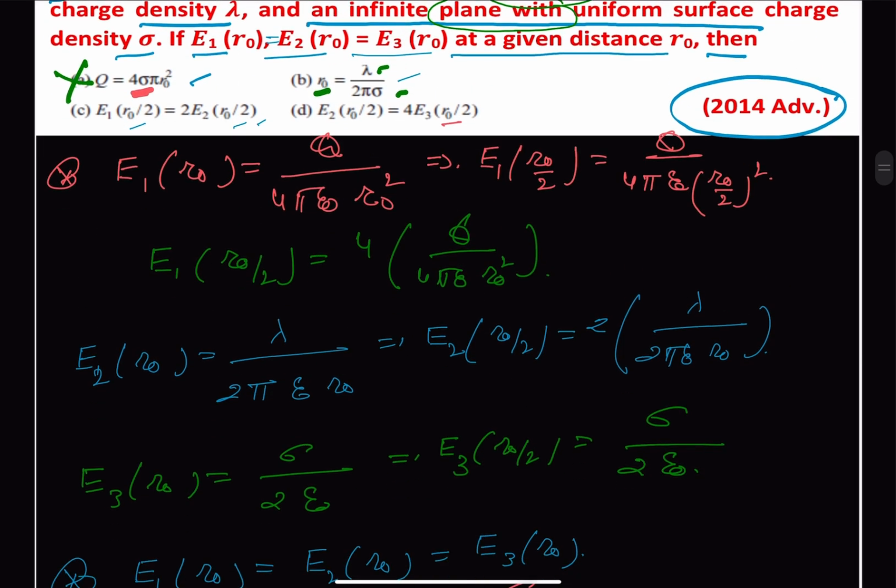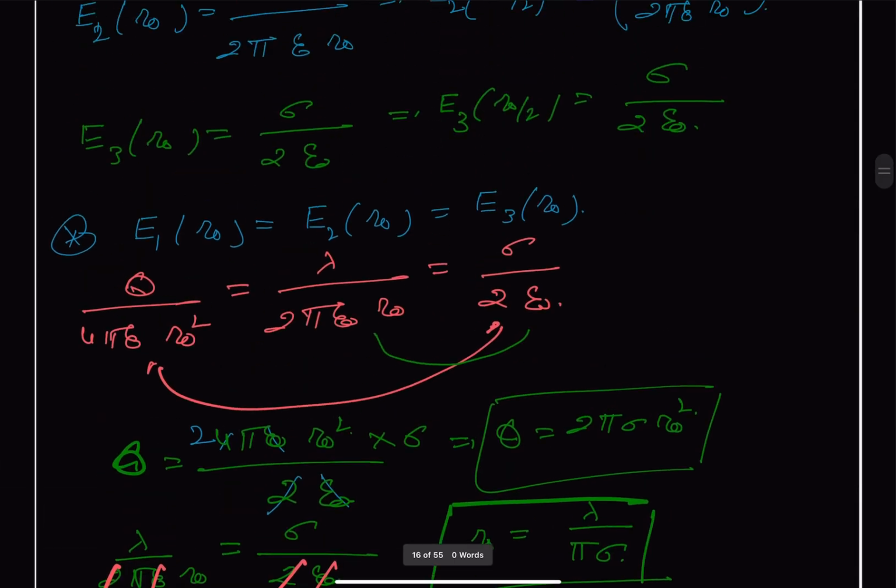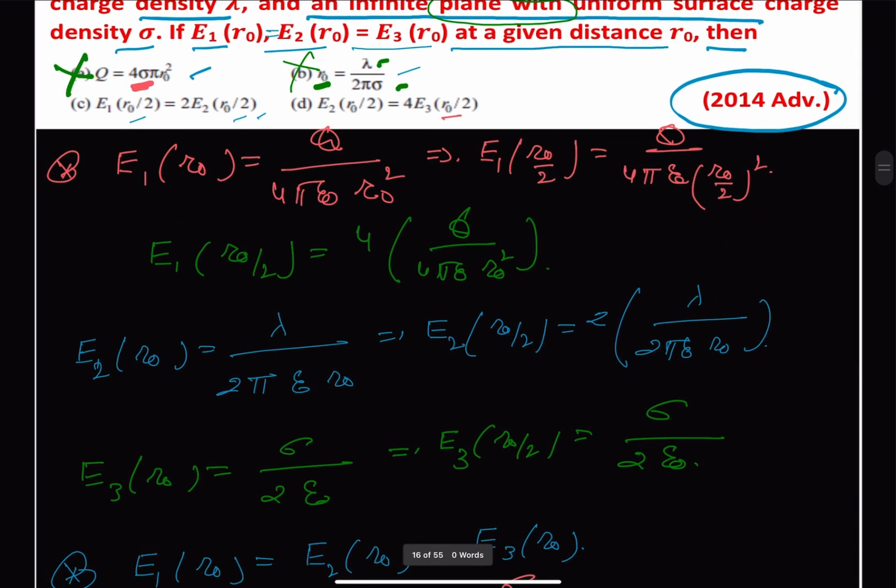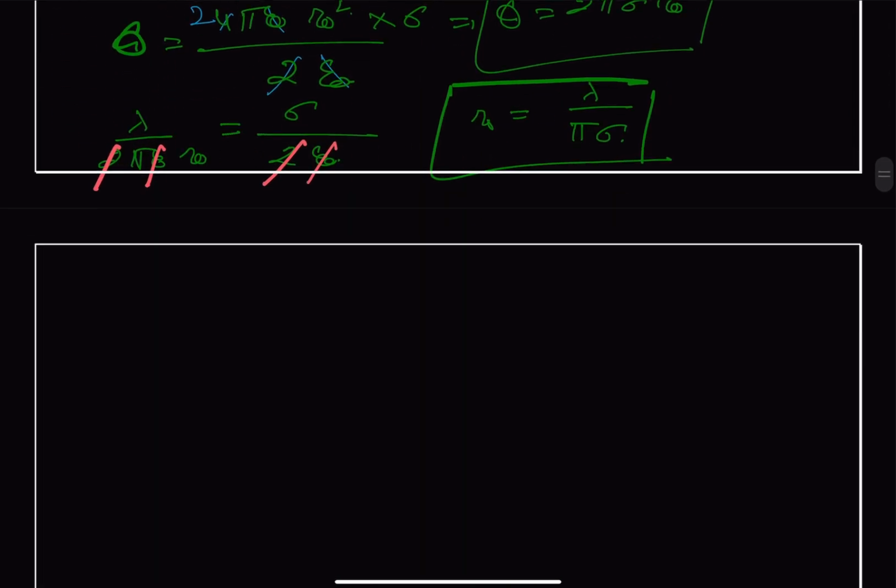So option B is also incorrect. Now we are going to find out the magnitudes of the respective electric fields at a distance of R0 by 2.